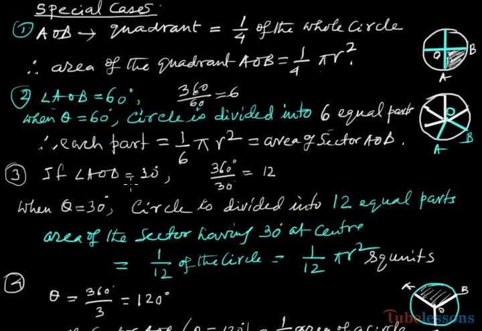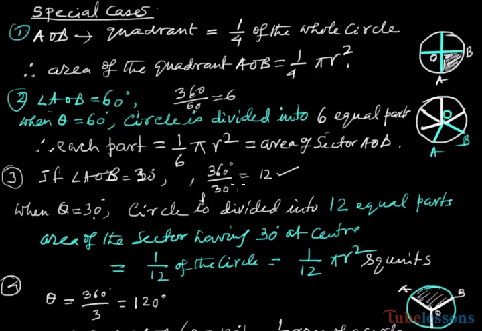When angle at the center is 30 degree, or 360 is divided into 12 parts. So when theta is 30 degree, circle is divided into 12 equal parts.